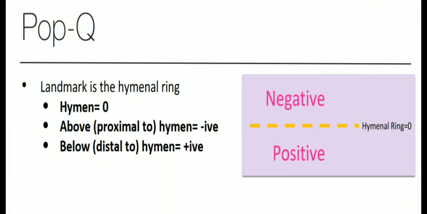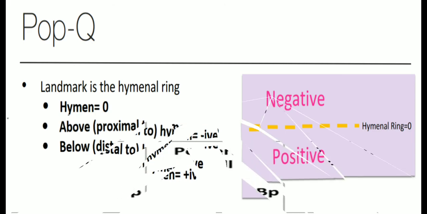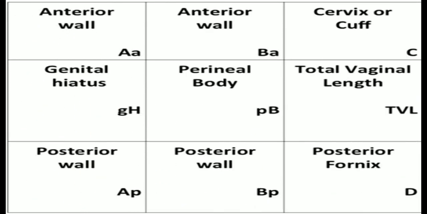POPQ staging criteria. Okay, so the POPQ landmark is the hymenal ring. Hymenal ring is 0, above is negative and below is positive. Hymen 0, above, proximal to the hymen, negative; below, distal to the hymen, positive points. Okay, so that is a sort of grid.